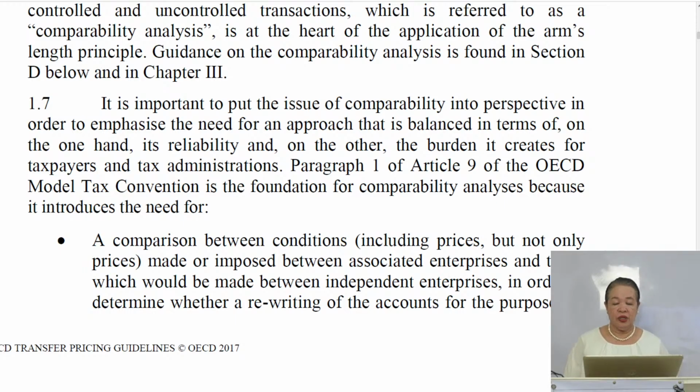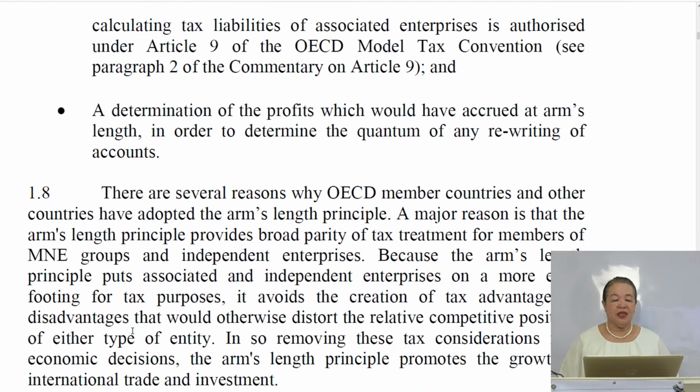So in order to determine whether a rewriting of the accounts for the purposes of calculating tax liabilities of associated enterprises is authorized, no? Because, didn't it say that the profits belonging to the other parties should be added and taxed accordingly?